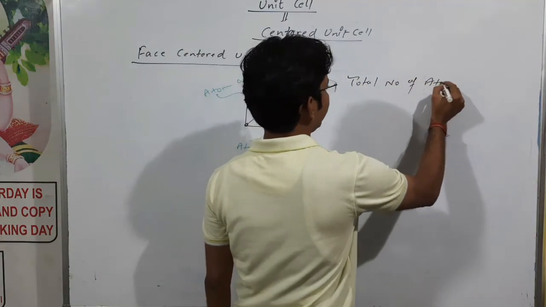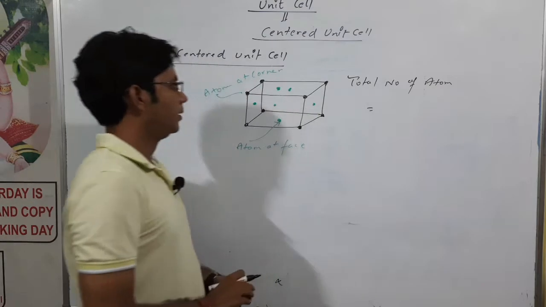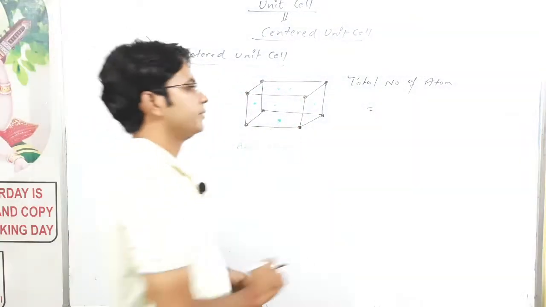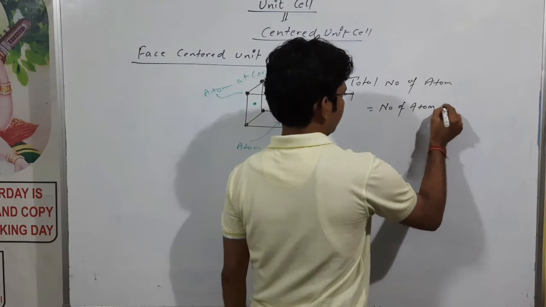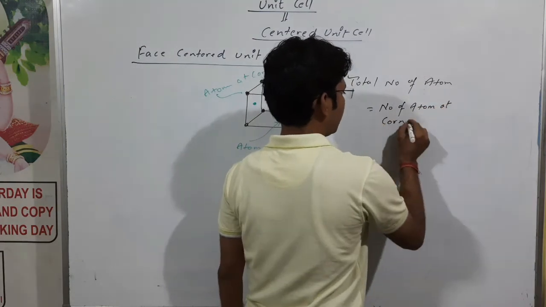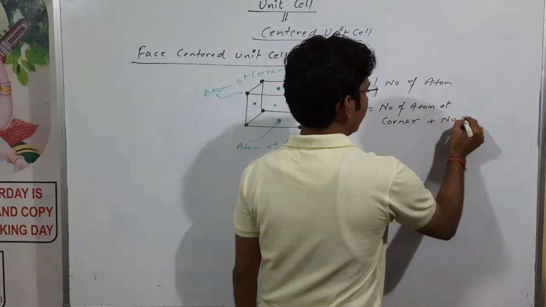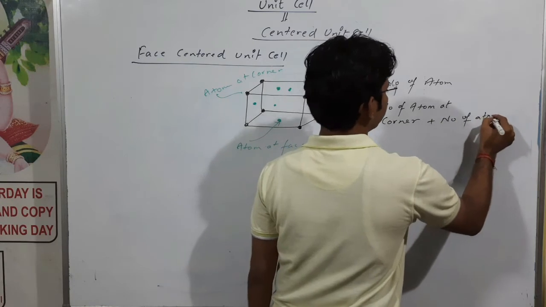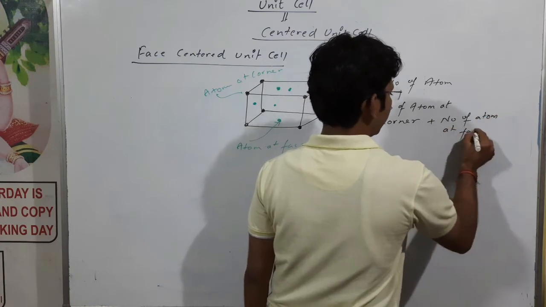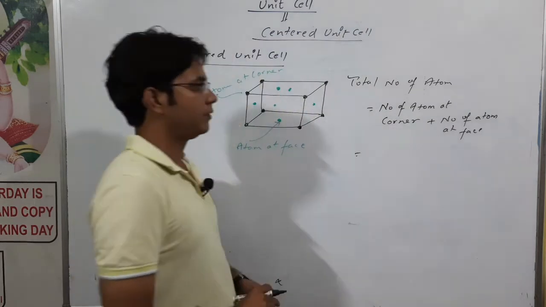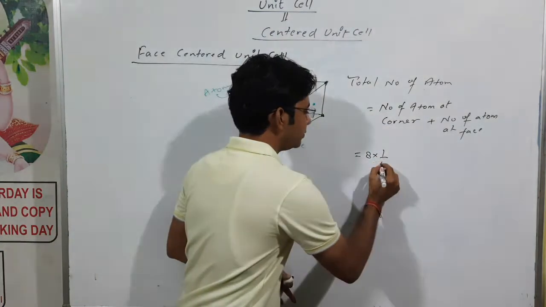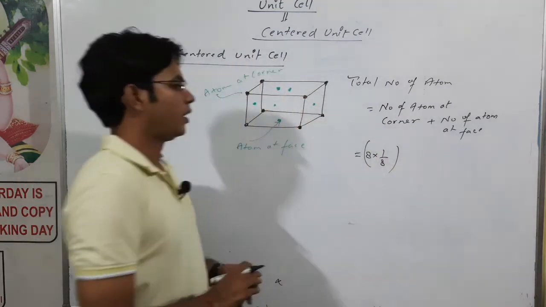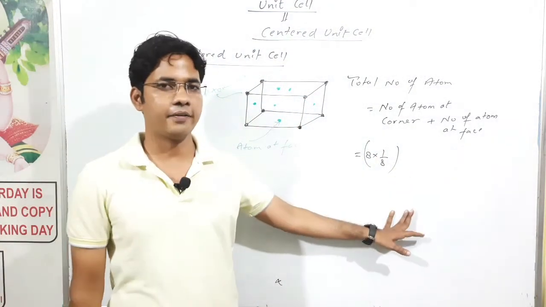how do we calculate it? Obviously, the number of atoms at the corner plus the number of atoms at the face. For the number of atoms at the corner, this is 8 into 1 by 8, as simple as in the case of the primitive unit cell.